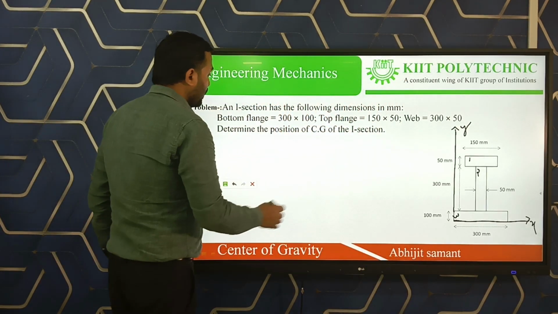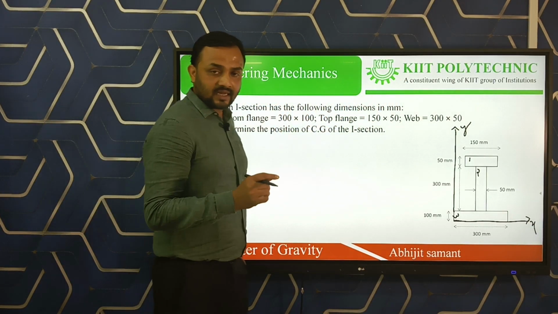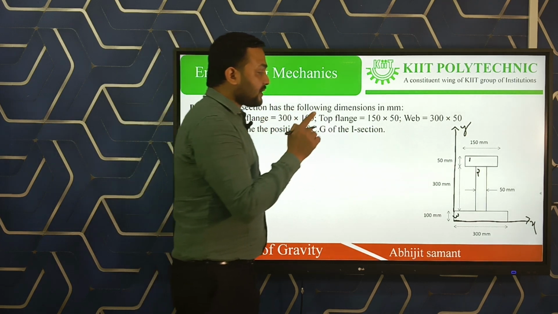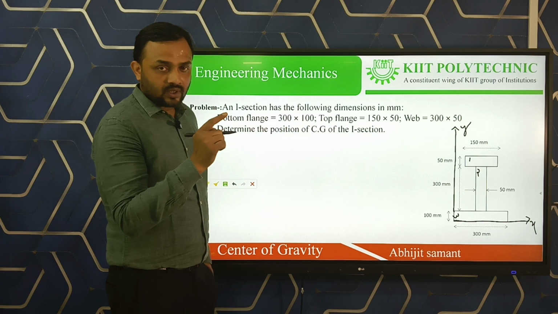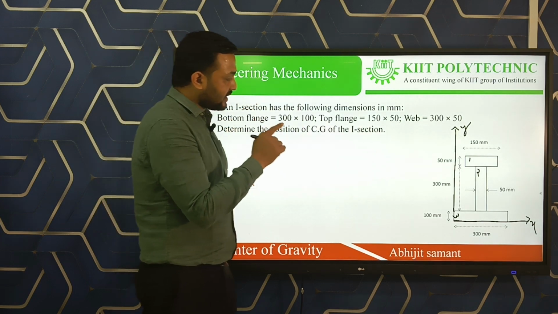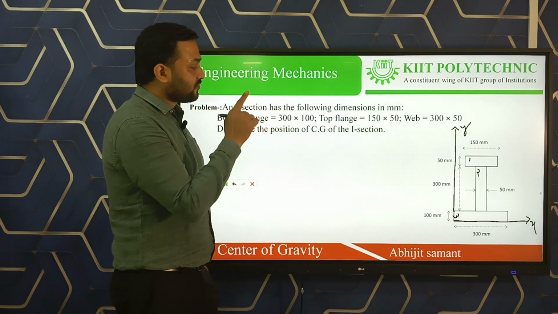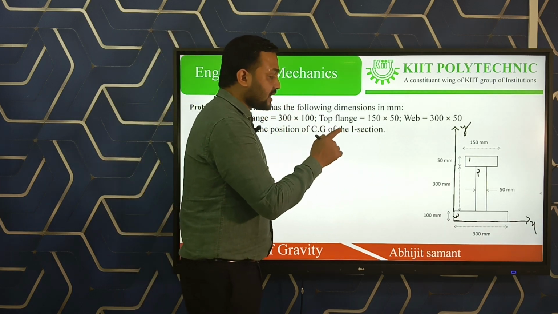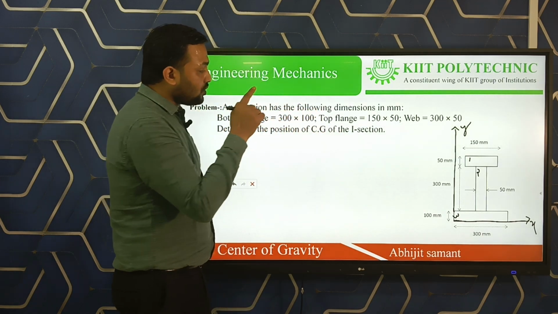So we have already found the area of the first rectangle and the area of the second rectangle, and the center of gravity of the first rectangle from the y-axis, that is x1, and the center of gravity of the first rectangle from the x-axis, that is y1.